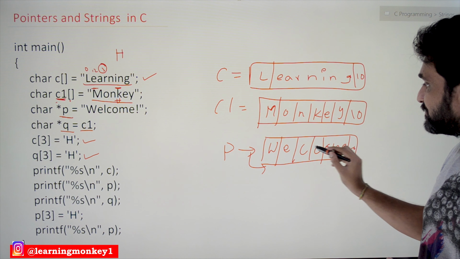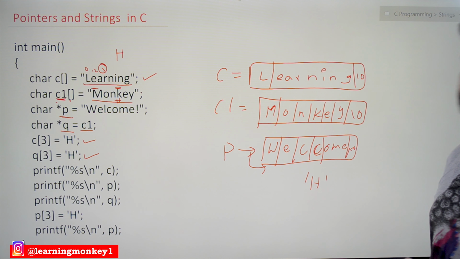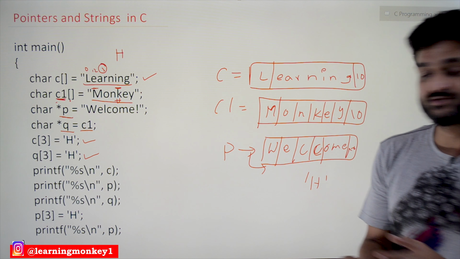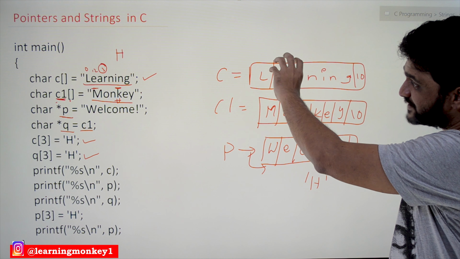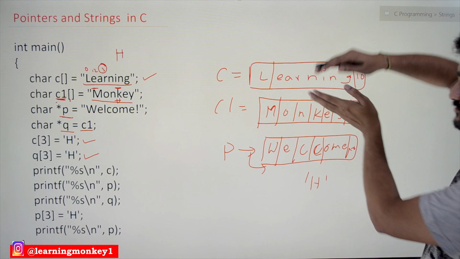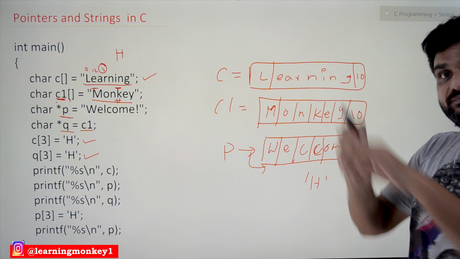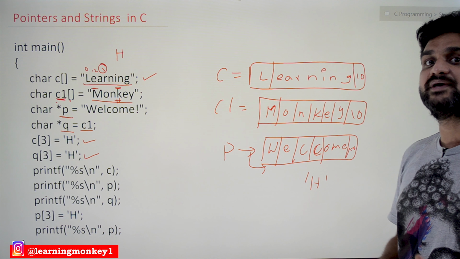For example, in the place of C, if you want to change it to capital H, it is not possible. That is the difference. Both are the same with respect to accessing the values of the strings. We can access them, we can print them, and we can use them anywhere else.